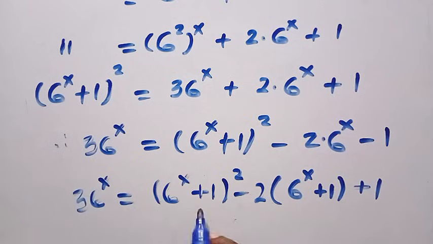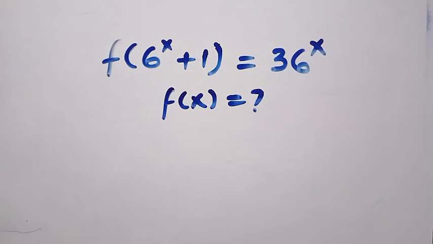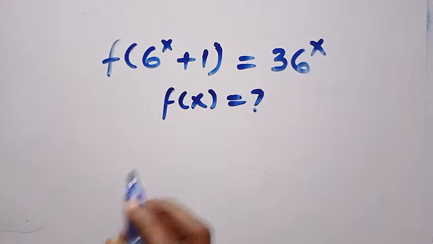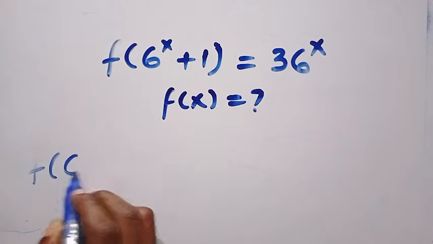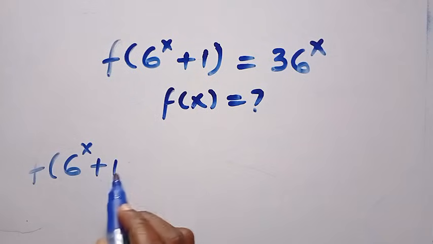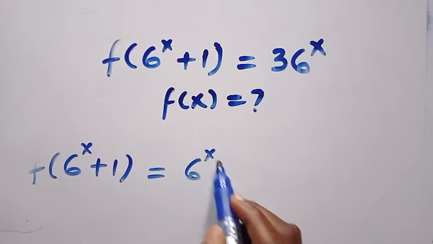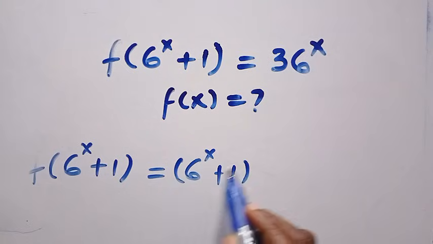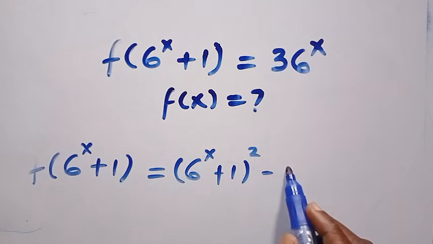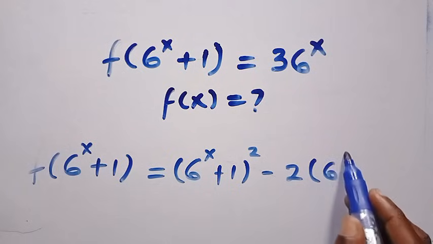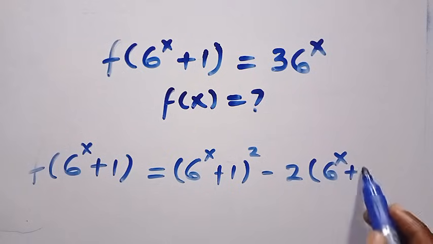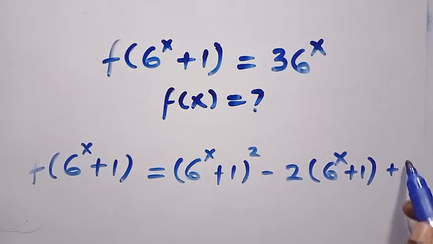So since 36 power x equals the whole of this, we are going to come back and resubstitute into the given question. Instead of 36, we are going to replace 36 by what we get. So therefore we have f of 6 power x plus 1 equals, so 36 here becomes 6 power x plus 1 all raised to power 2 minus 2 bracket 6 power x plus 1, then plus 1.